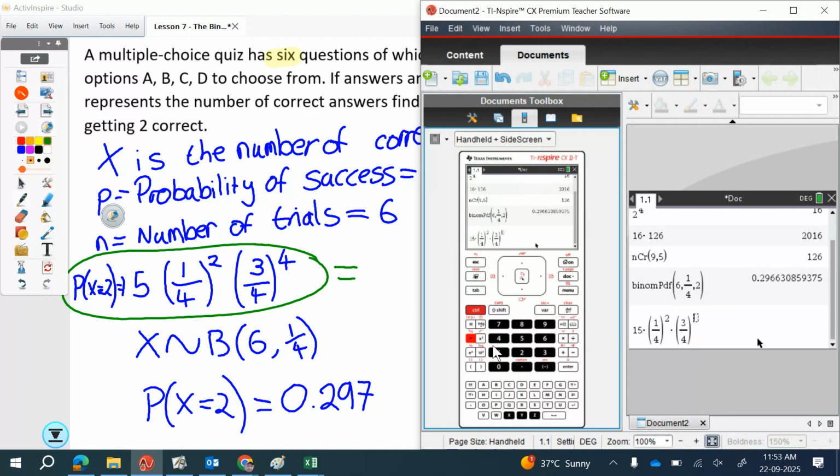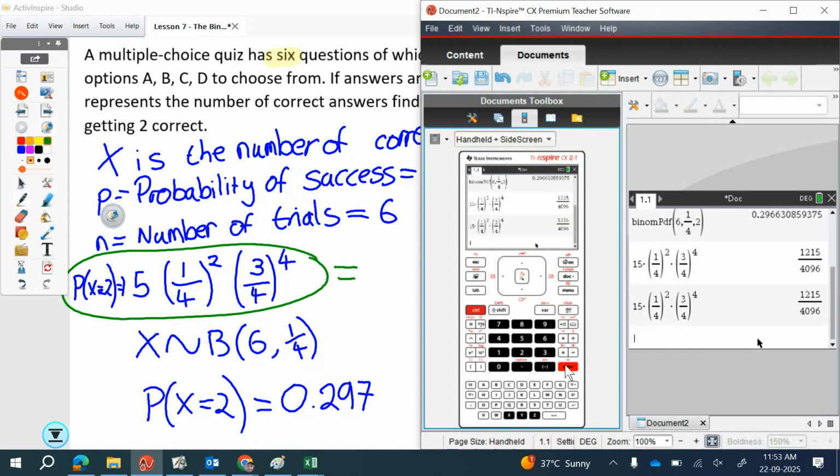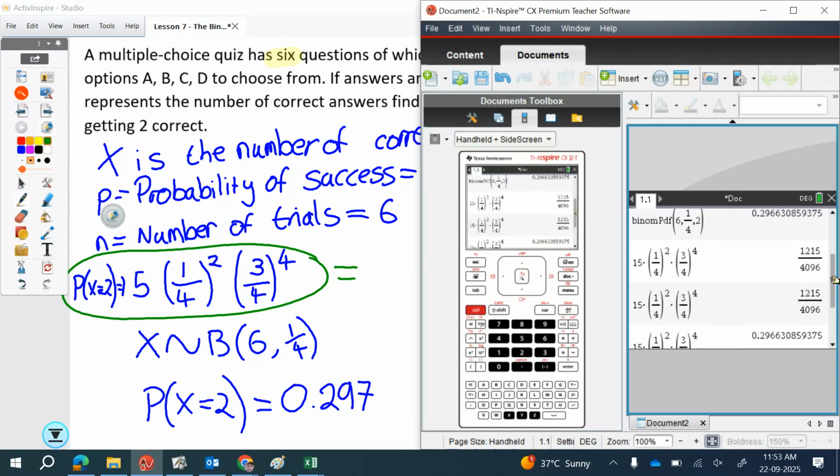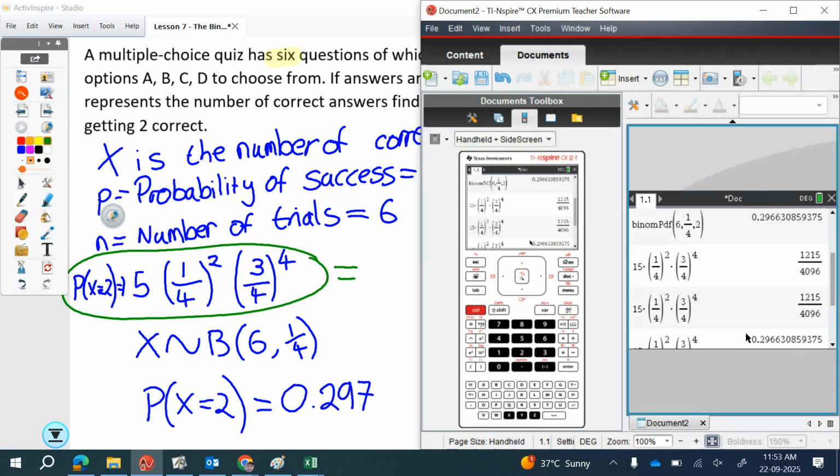If I multiply by 15, I would have got it right. So we see here, we get the same value as with the binomial distribution.